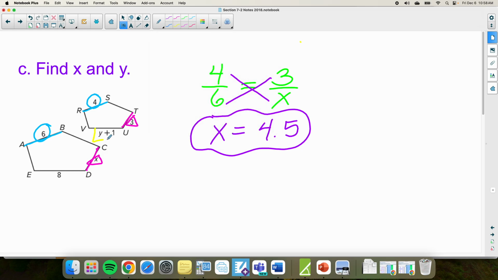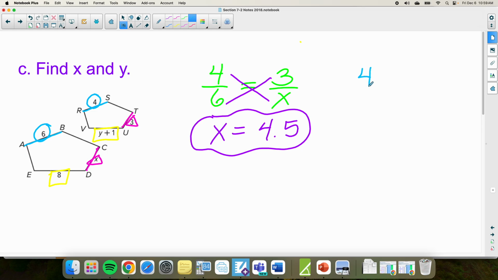So y plus 1 is here, and I could use a rectangle for these. Okay? Y plus 1 and 8 are going to correspond. So I am going to use the blue sides again, and then the yellow sides. So I'm going to go 4 over 6.